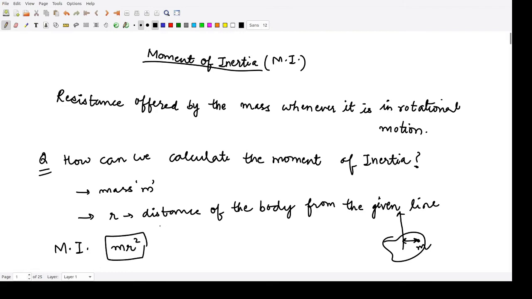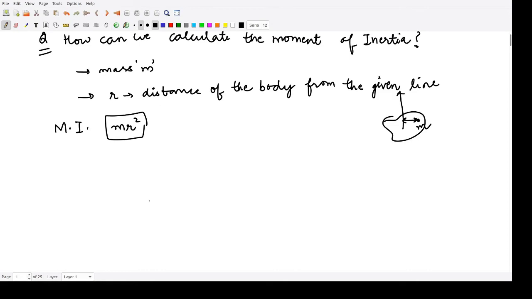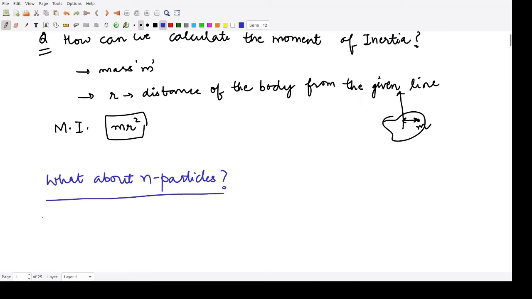But what if we have a number of particles with us? So what about n particles? Suppose we have n particles and each would have a mass. For the first particle, we say its mass is m1 and its distance is r1.